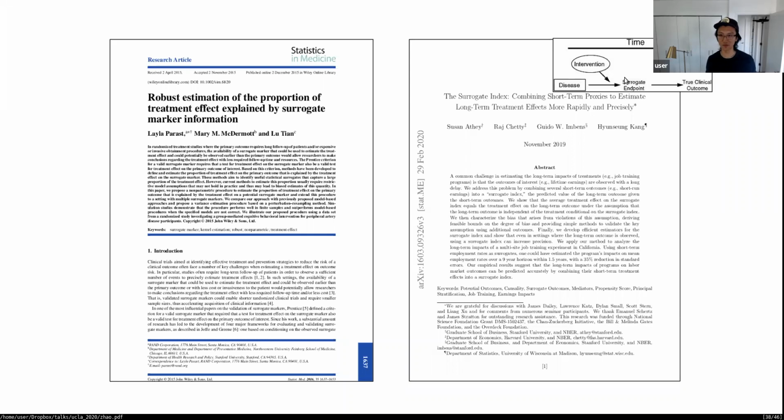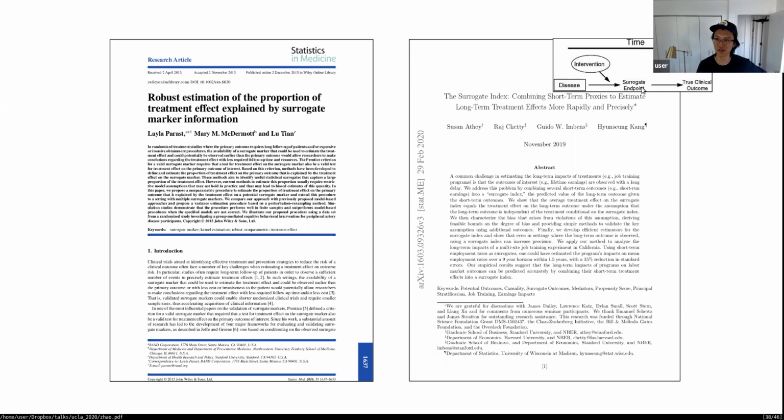So this is surrogate marker literature. This is Layla's earlier work on measuring just how much of that effect between the intervention and the outcome can be captured by the surrogate. And it turns out that for this surrogate literature, these people have also realized this power phenomenon.